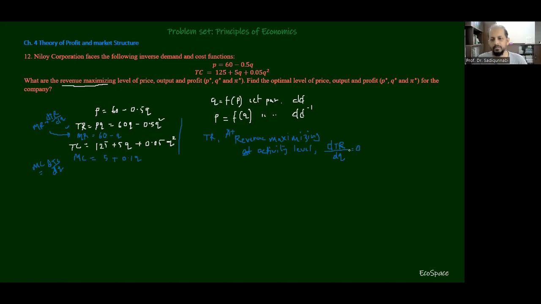If we set this, we can get P star, Q star, and pi star.